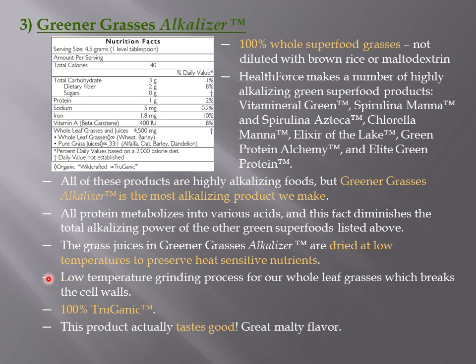So unless you crush that cell in your chewing process, that nutrition inside the cell will stay locked in that cell. You don't have any way to digest and absorb it. The grinding process that we use will break the majority of the cell walls in these whole leaf grasses, rendering the nutrition in our wheat and barley whole leaf grasses bioavailable.